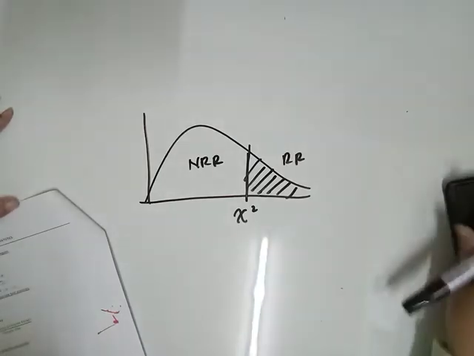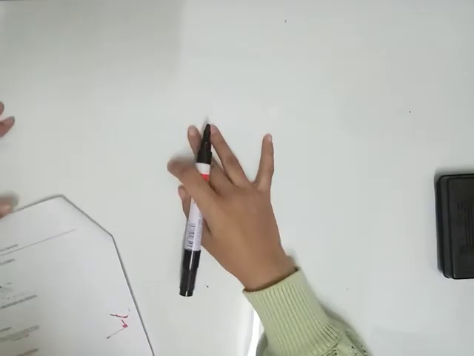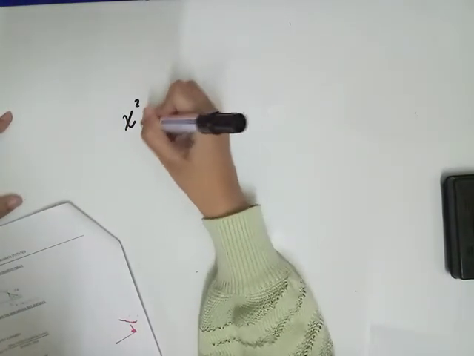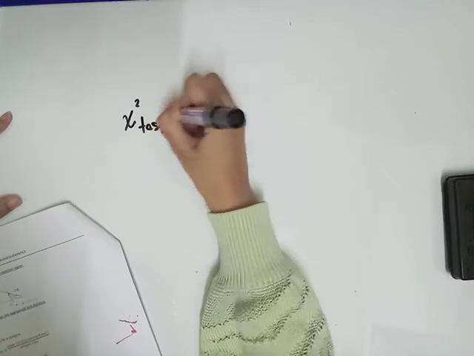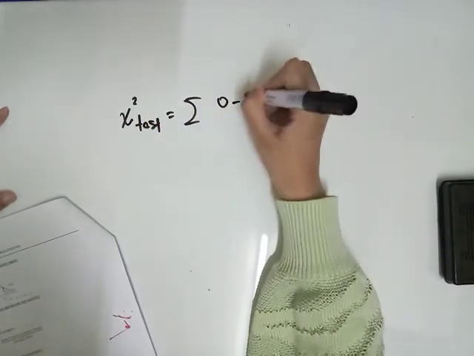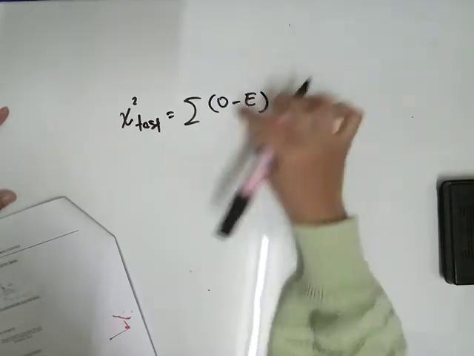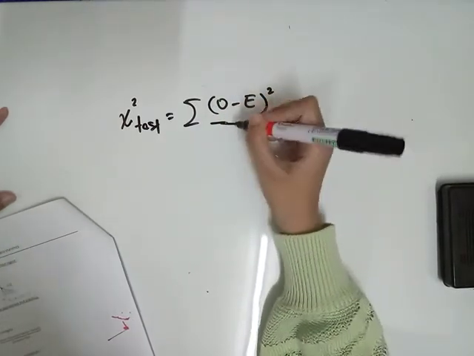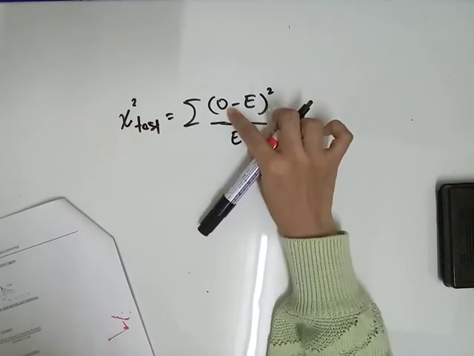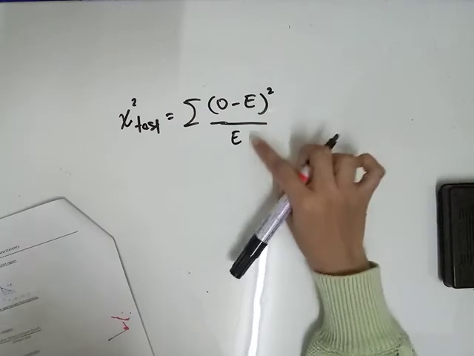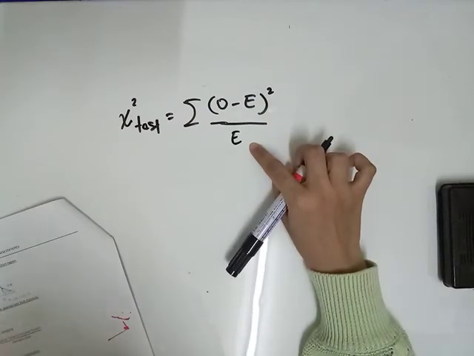Step 4, you need to calculate. Use the chi-square test formula: chi-square equals the sum of O minus E, squared, divided by E. What is O? O is the observed frequency for a category, and E is the expected frequency.